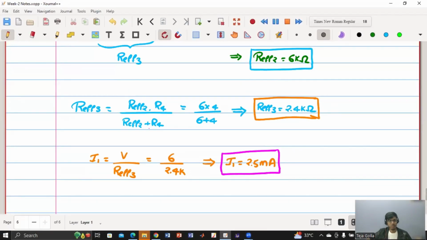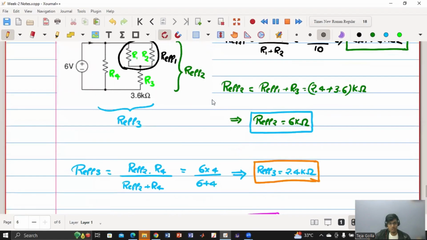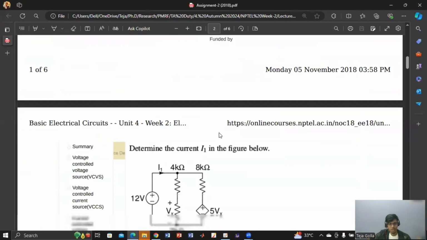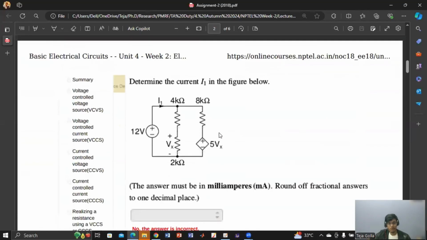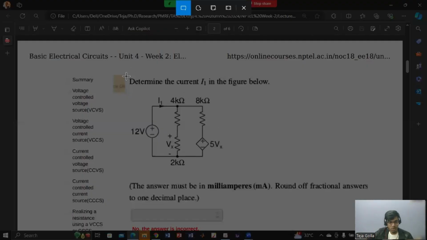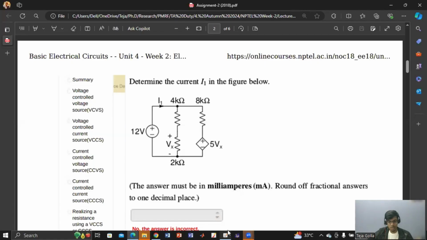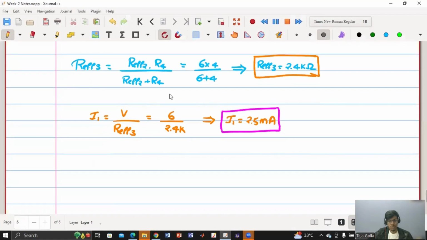If you have any queries in this question, you can ask, else we'll move on to the other question. Any queries, or should we move? If you have any queries, please ask, or you can mention in the chat box as well. Someone has asked, no doubt. Okay, so now we'll move on to question two.